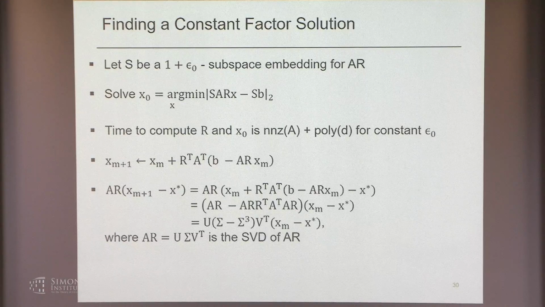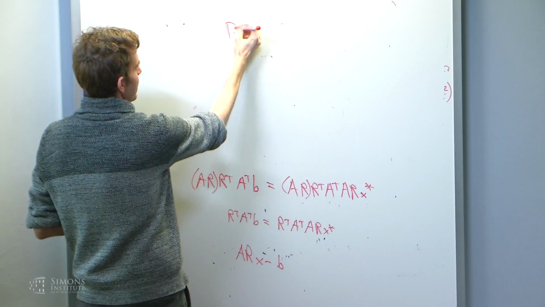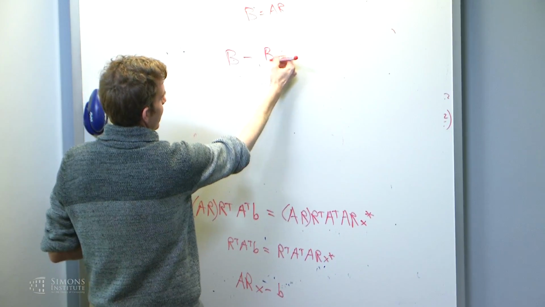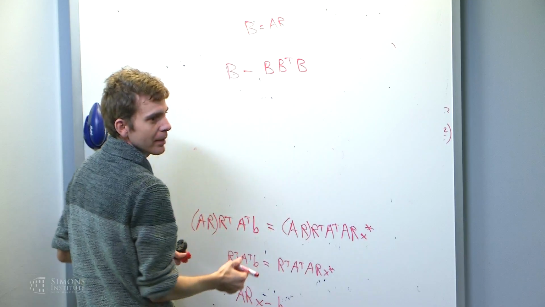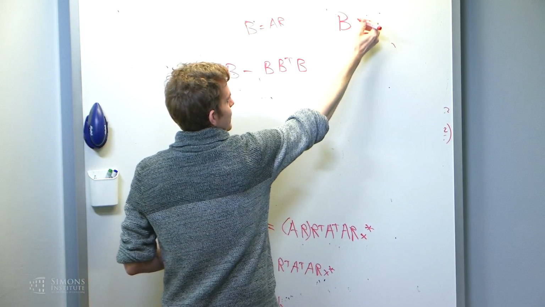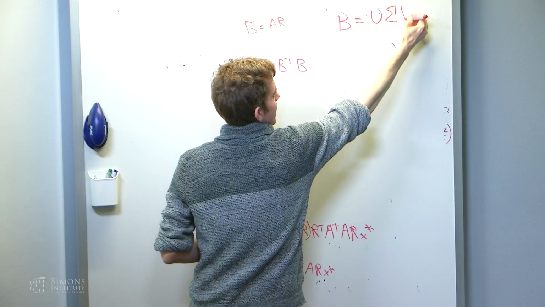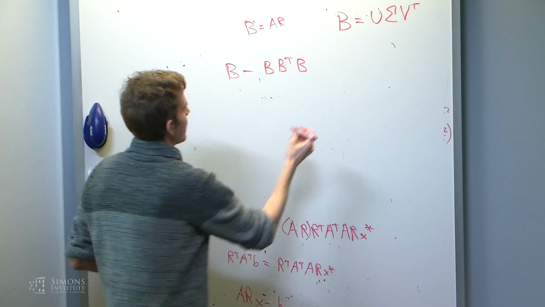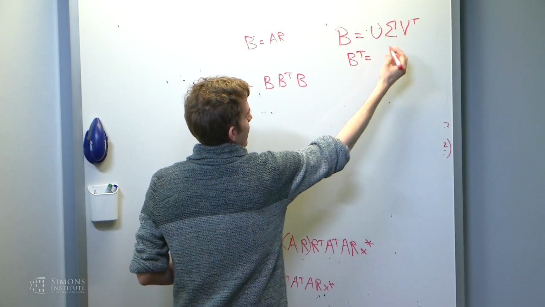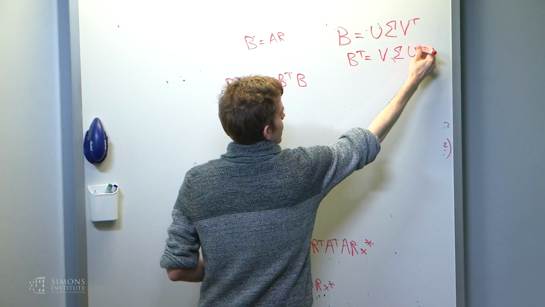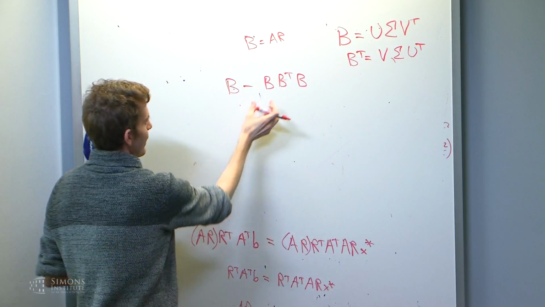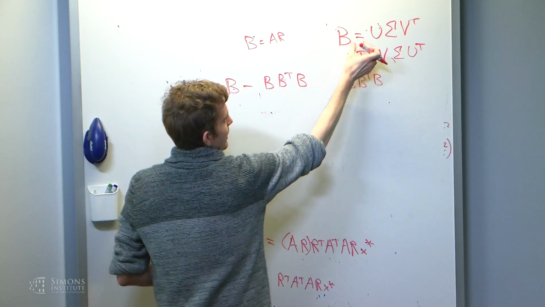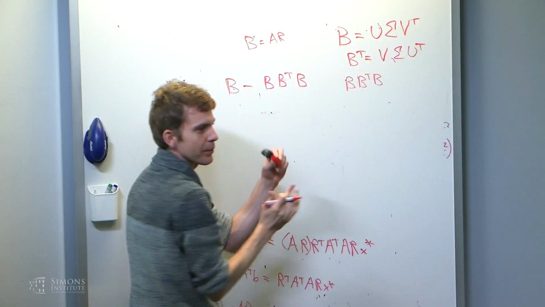Right. So what am I doing there? I have a matrix B. Let's just call B equals A R, and I'm looking at B minus B B transpose B, right? It's always useful to first write B in an SVD. So that's the singular value decomposition of B. And I can write B transpose as V sigma U transpose. And so if I look at B B transpose B, well, the V's are going to cancel because they're orthonormal.